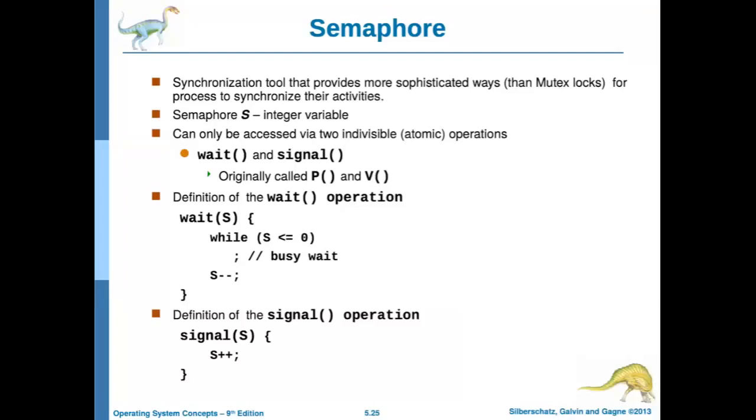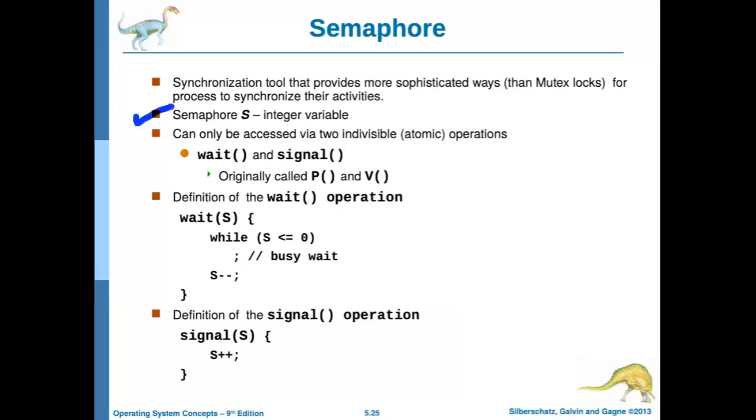So what is a semaphore? A semaphore is a software tool, implemented by the operating system to provide inter-process synchronization. If you want the definition of a semaphore, a semaphore S is an integer variable.